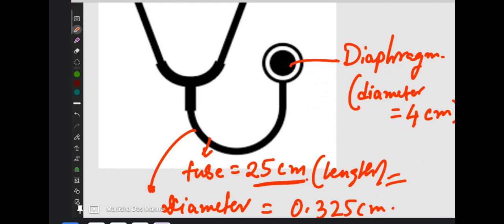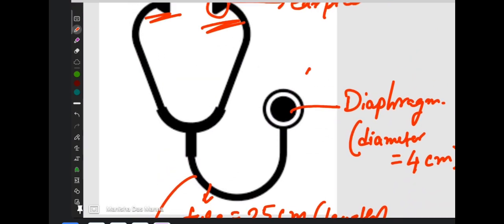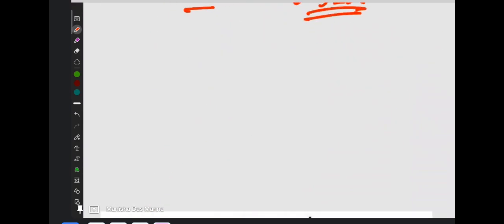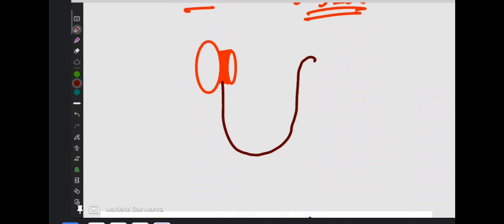One portion is also there which is called the bell of the stethoscope. Bell means just the opposite side. Let's imagine this is the chest piece in lateral view. It is something like this.